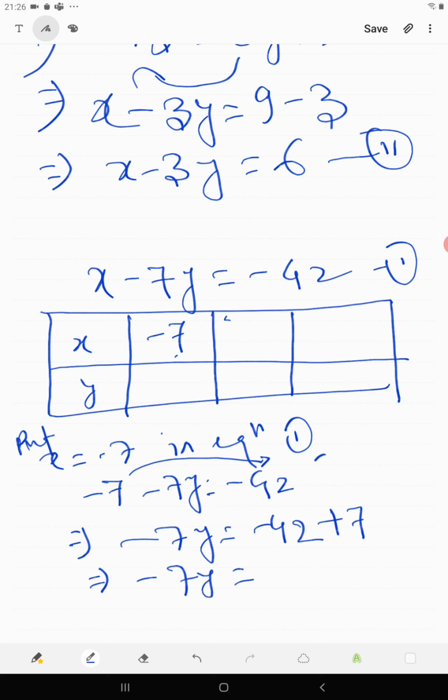Which one is bigger? 42. So their sign will come, minus. Since it is in opposite signs, minus and plus, it will be subtraction.